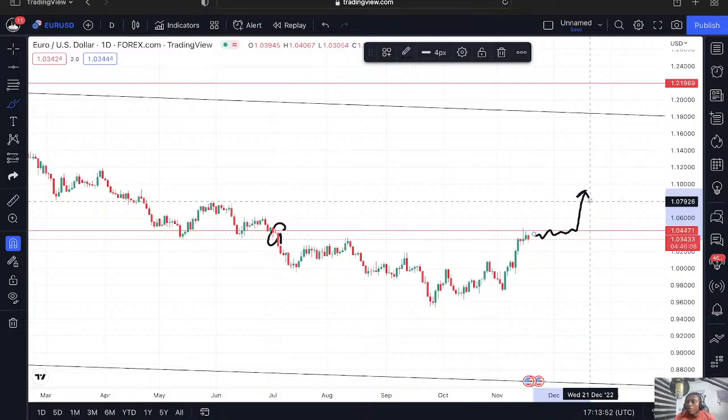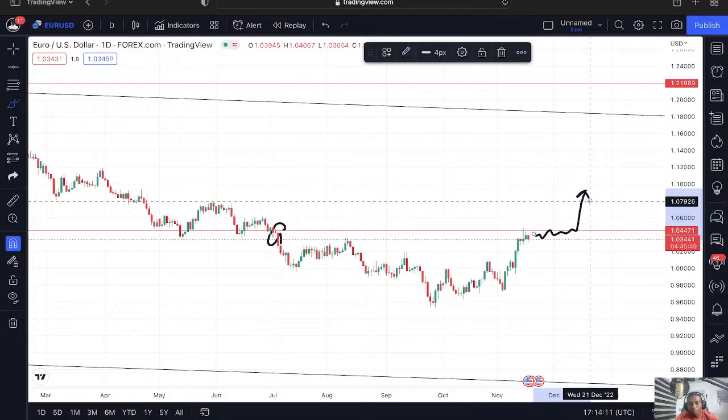A potential breakout cannot be denied. If price lingers longer, a potential breakout cannot be denied. It's that simple.